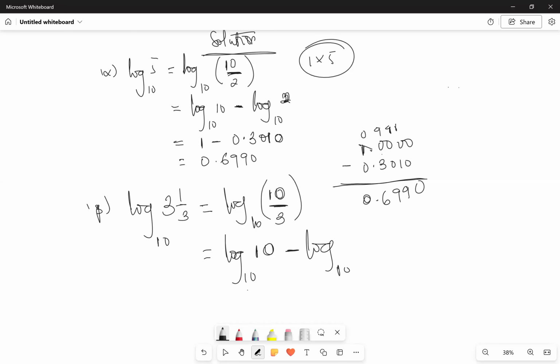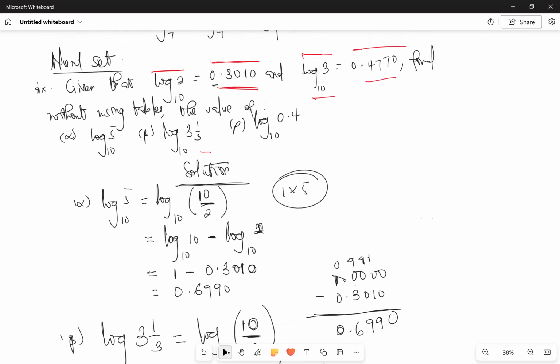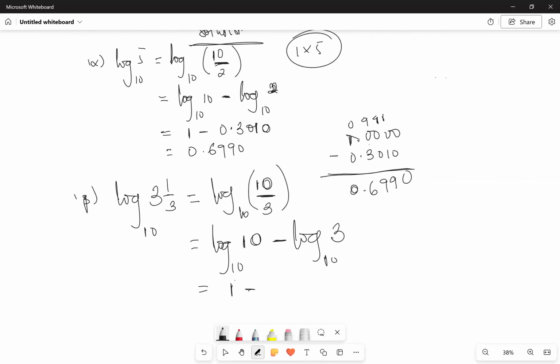So that would be log 10 to the base 10, which is 1, minus log 3 to the base 10. Log 3 to the base 10 is already given in the question: 0.4770. So you have 1 minus 0.4770.